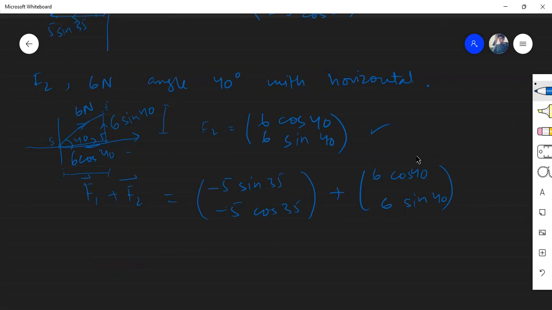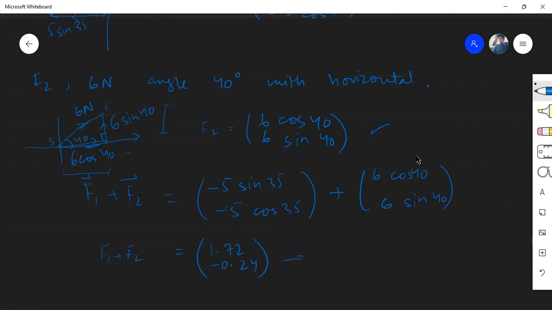So this is 1.72, and this is minus 0.24.